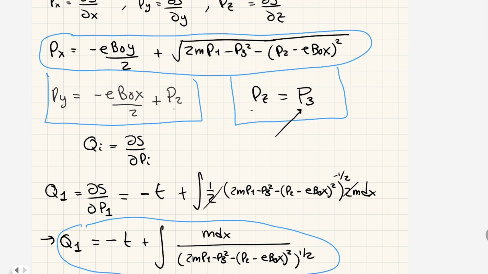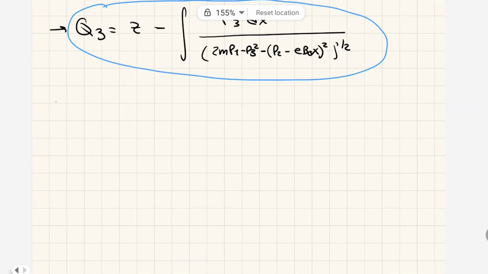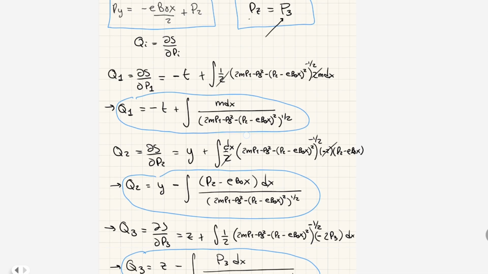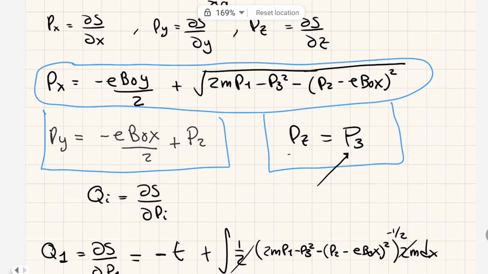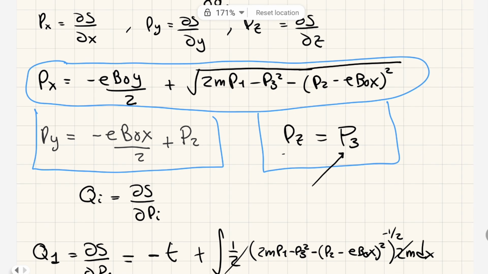And from here, we can see that P2 is going to be Py plus Ev0x divided by 2. So let me write this over here. We have that P3 is equal to little pz, then P2 was Py plus Ev0x divided by 2, right? So now with this first equation, looking that we have what is P3 and what is P2, well, we can solve this equation for P1, okay?